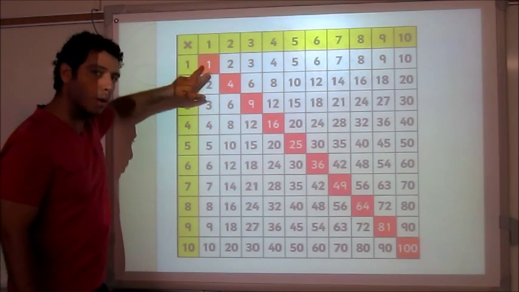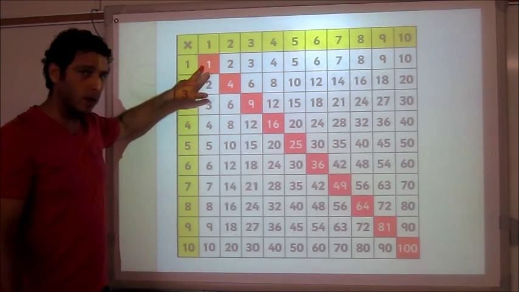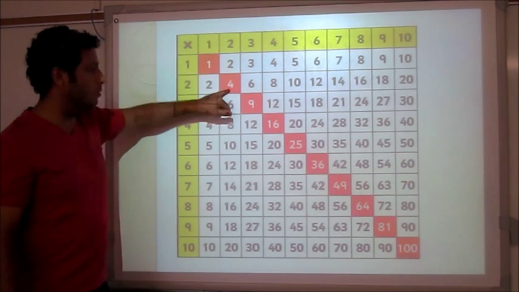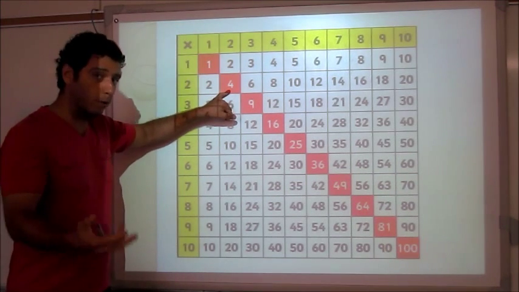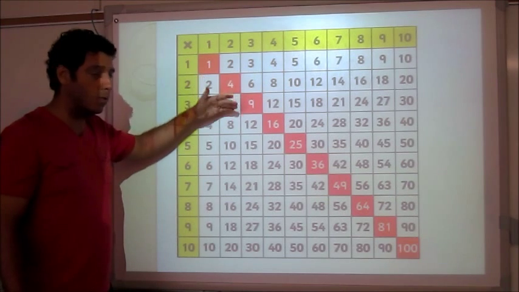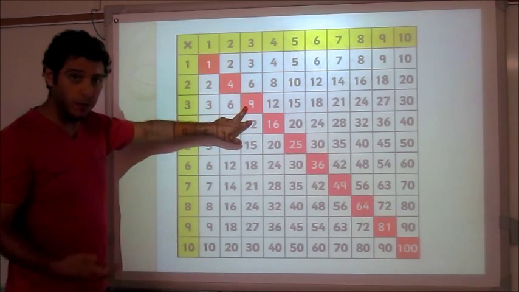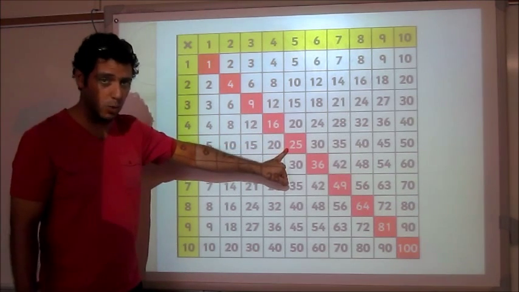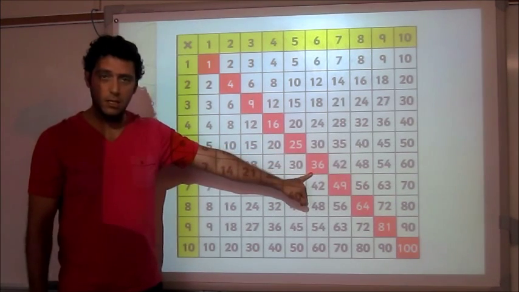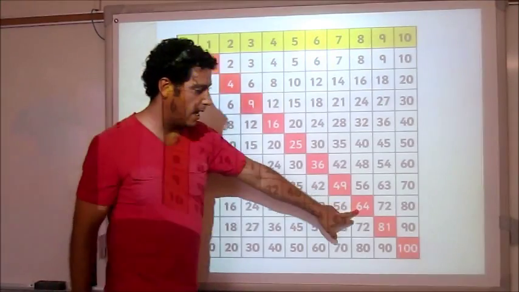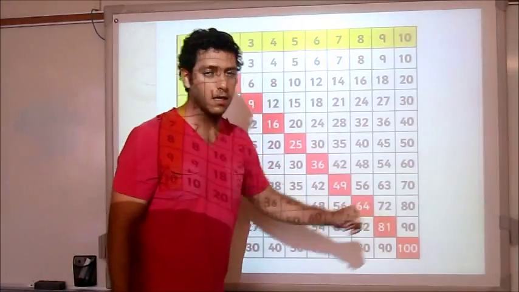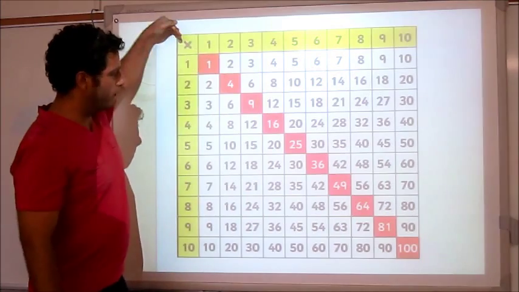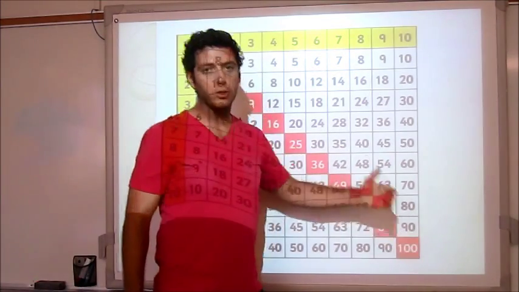So 1 is a square number. It can be represented by a square. 2 times 2 is equal to 4. The number 4 can be represented by a square. 9 can as well, 3 times 3. 4 times 4 is 16, 5 times 5 is 25, 6 times 6 is 36, and so on. 7, 8, 9, and 10 squared. So this diagonal represents your square numbers.